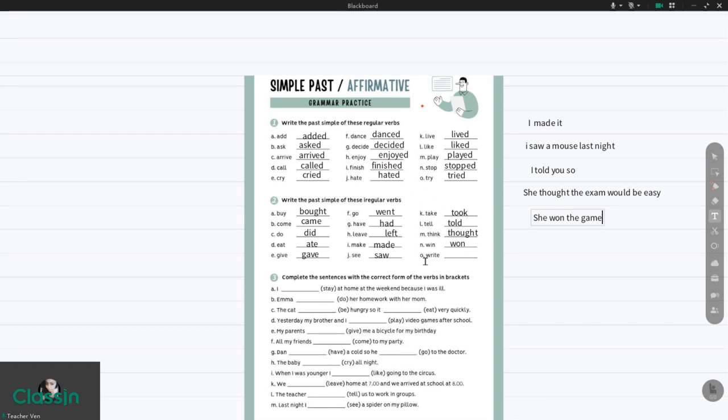Letter O is write. Right. Okay, so what is our simple past tense? It becomes written. Right. Perfect. Written. Okay, so can you think about using the word written in a sentence? Let's try using the word written in a sentence.